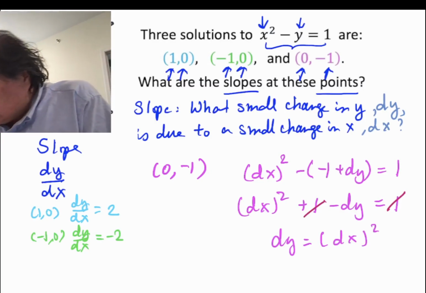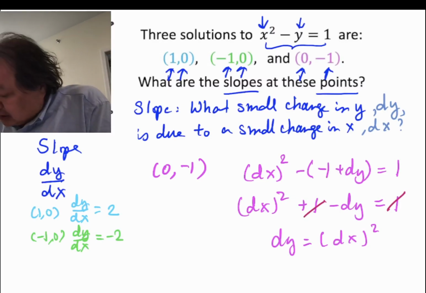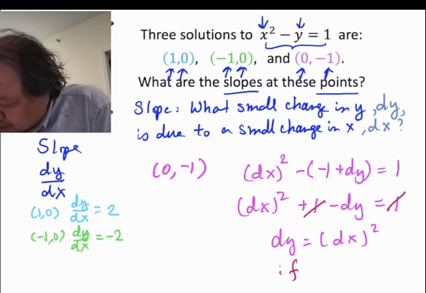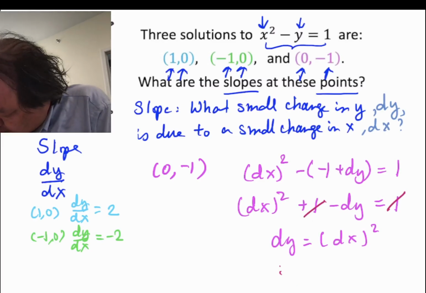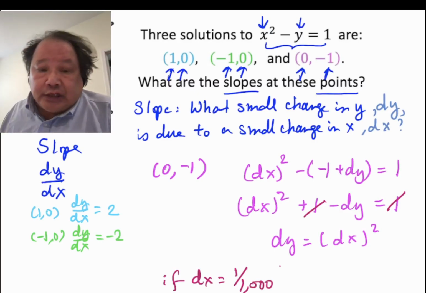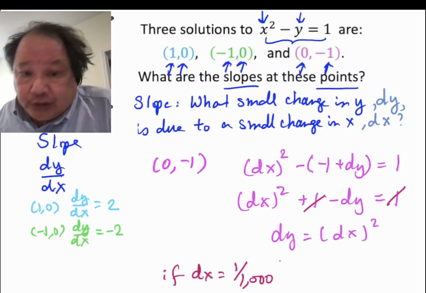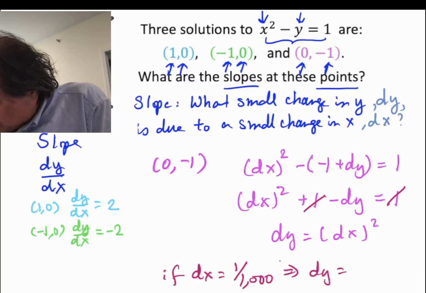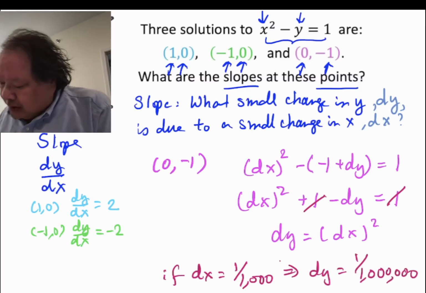So let's consider a small change in x. Let's say that dx was 1 part in 1,000. The change in y is dx squared. So that's 1 over 1,000 times 1 over 1,000. dy would be 1 part in 1,000,000, because 1,000 times 1,000 is 1,000,000.